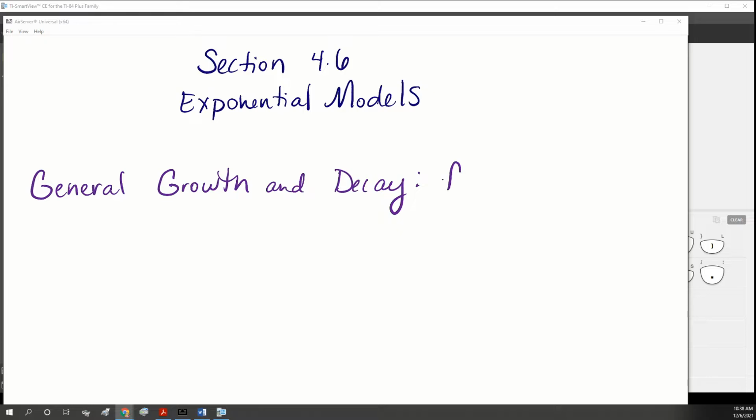And I'm going to call it F of t just because that's what I wanted to call it. It could be called a lot of different things. And it's going to be A, B to the t. And then A is going to be the initial amount.